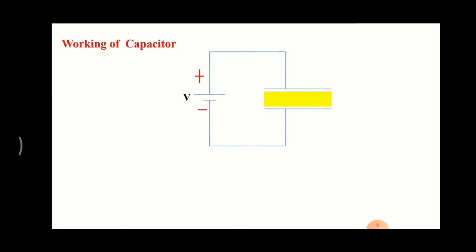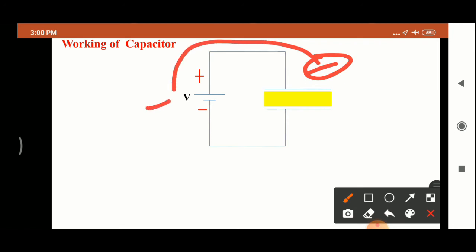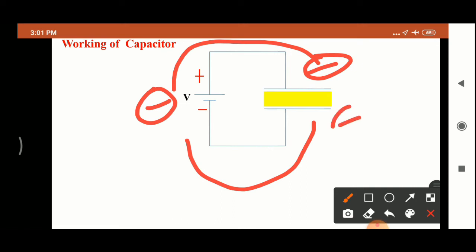Once the voltage is applied across this capacitor, negative charges from the top plate move towards the positive terminal of the battery, and from the negative terminal of the battery they are pushed towards the bottom plate of the capacitor.